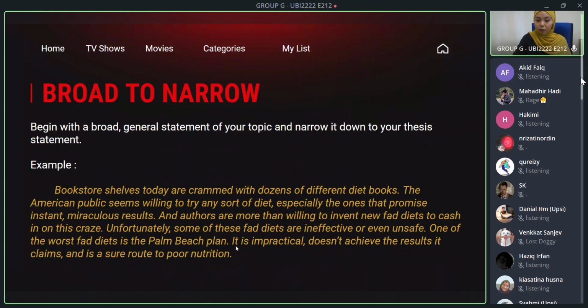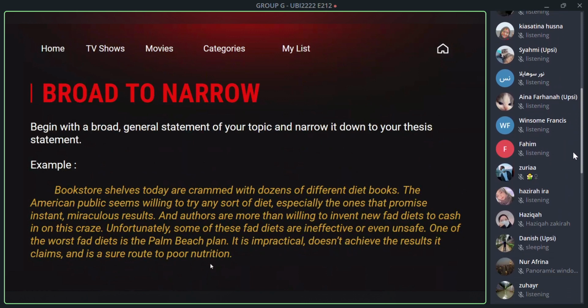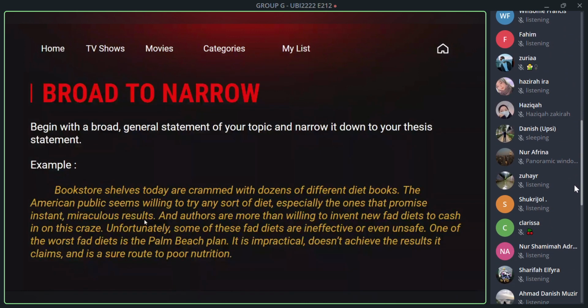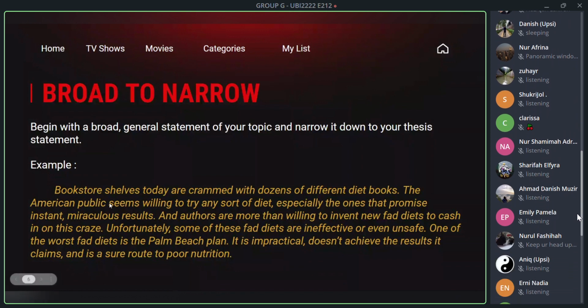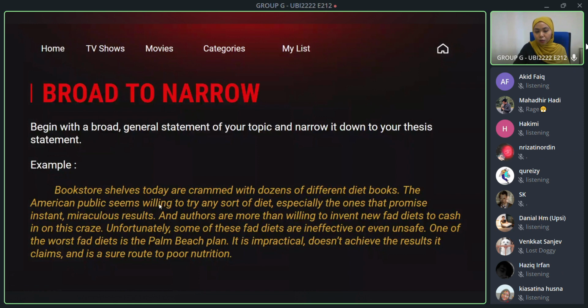You are going to be reading about this, and also this in the later paragraphs. But it started off with a hook, which is a broad to narrow, right? And then slowly narrows down to the background information. And lastly, talking about the thesis statement.